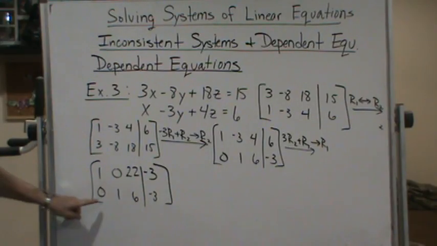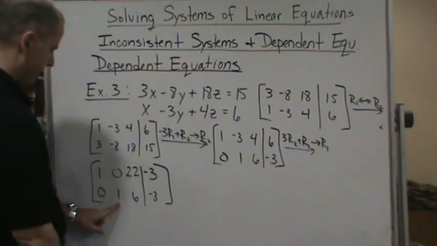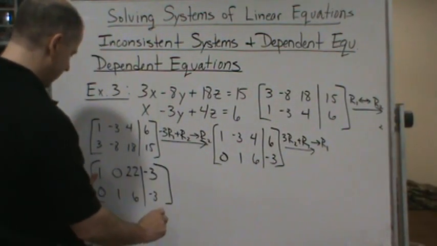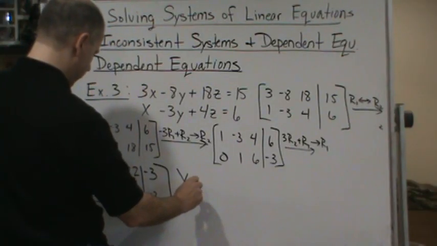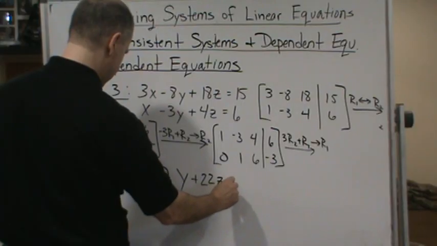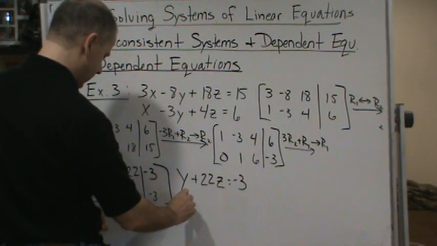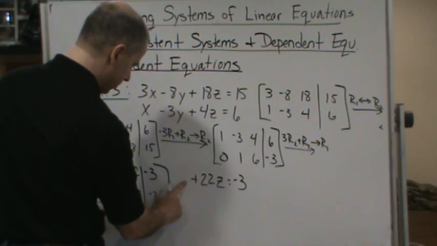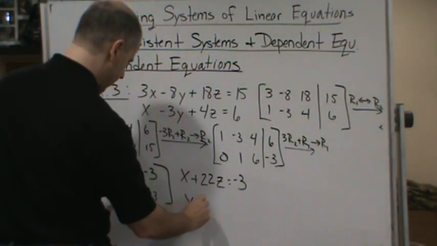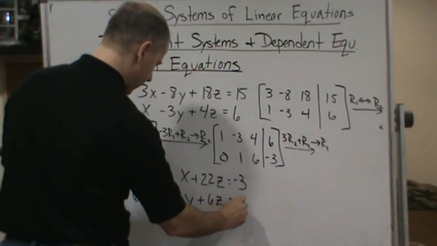So now look at this. Now that we've got it set up this way, now watch what happens. This is going to tell us that what? This is telling us that x plus 22z is equal to negative 3. And this is telling us y plus 6z is equal to negative 3.